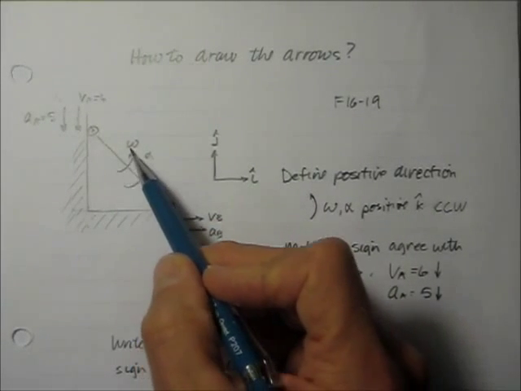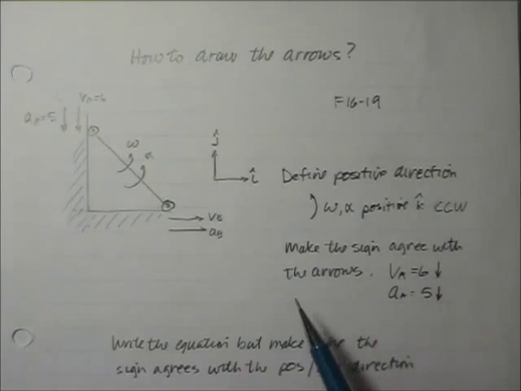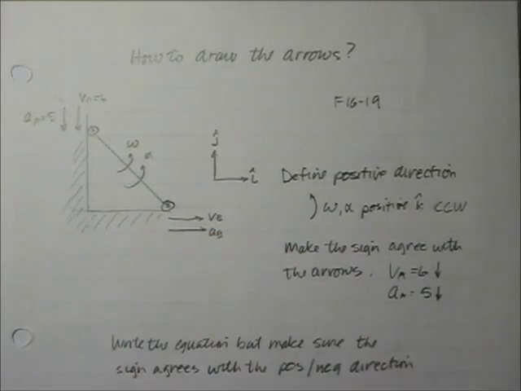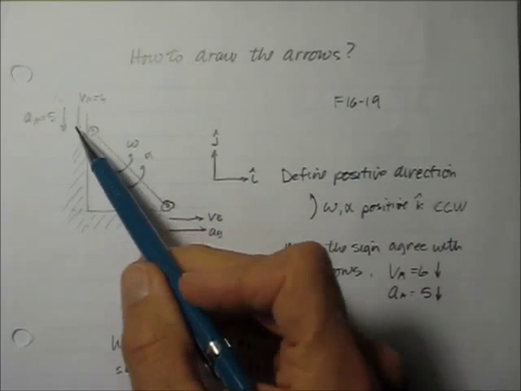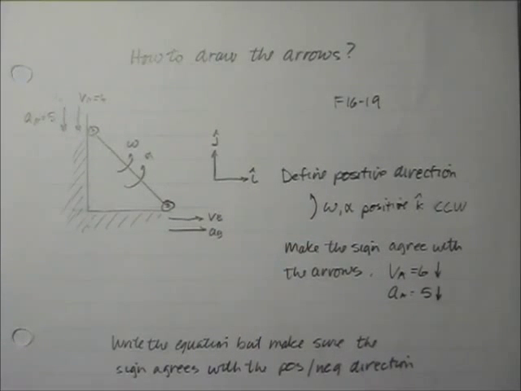We may say that it rotates in the counterclockwise direction, so we'll call that omega. Now we may also say that the acceleration of B is going in this direction and the acceleration of A is going down in that direction. So all I'm saying is just make sure that whatever direction you draw your arrows, it has the same sign in the equation.